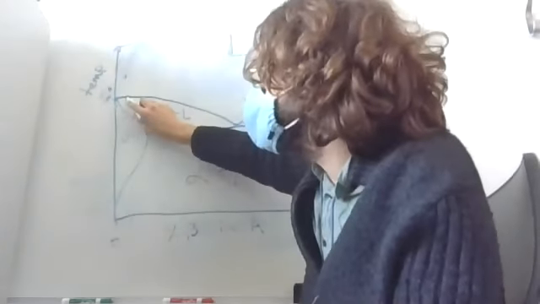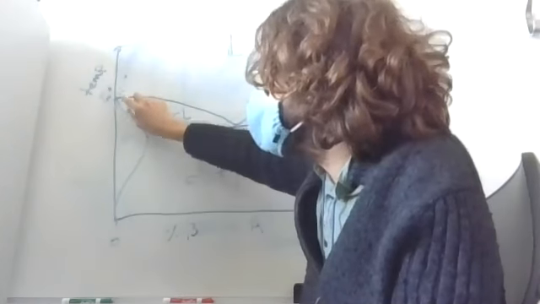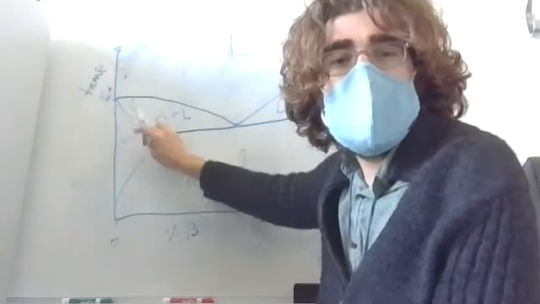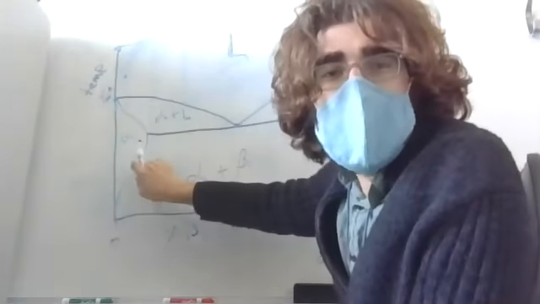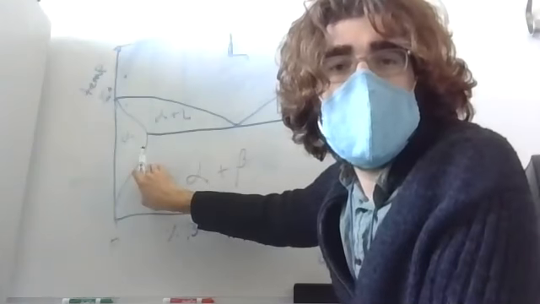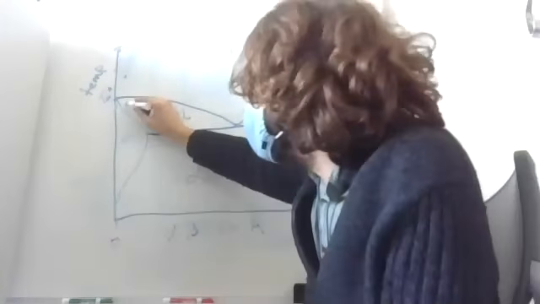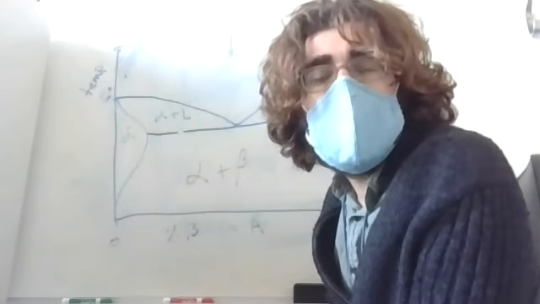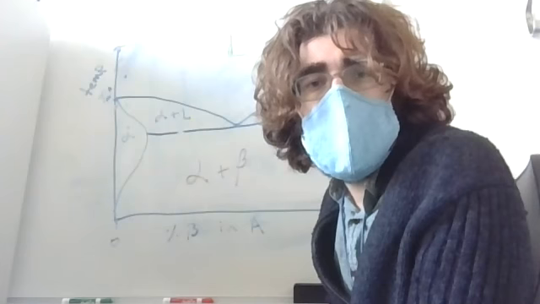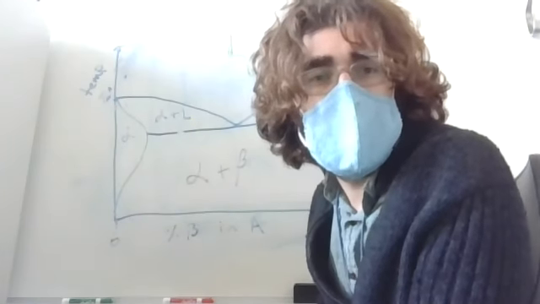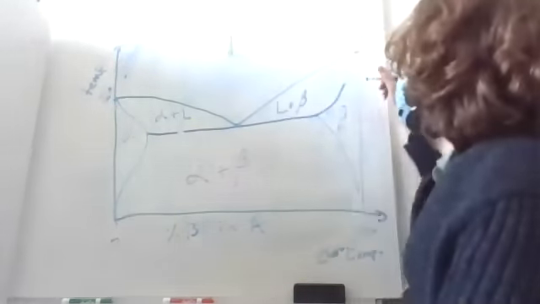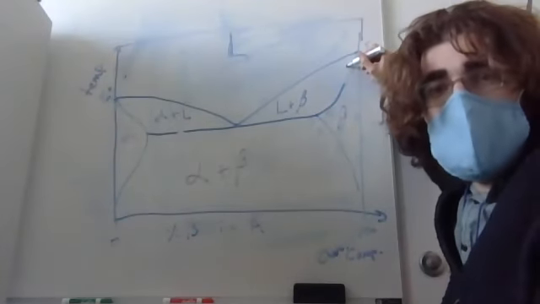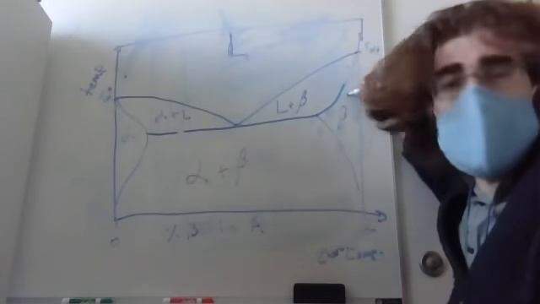As we cool and traverse this region, we have a mixture of the liquid and the alpha phase that begins to precipitate. Then as we eventually enter the alpha region, we have pure solid alpha phase. Same over here: in the liquid phase, we begin to nucleate beta crystals, and then we have the beta phase.